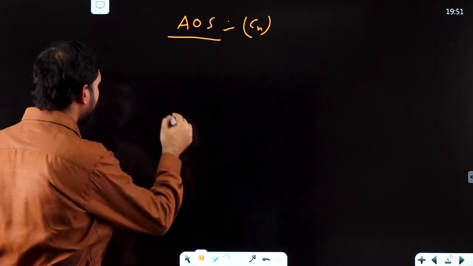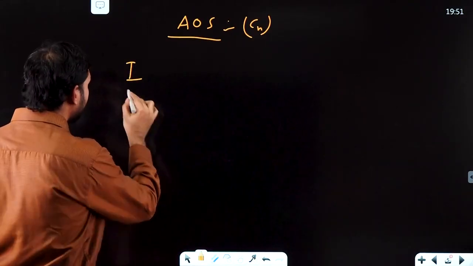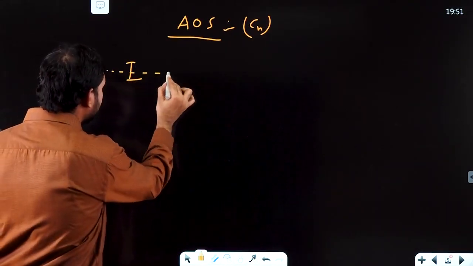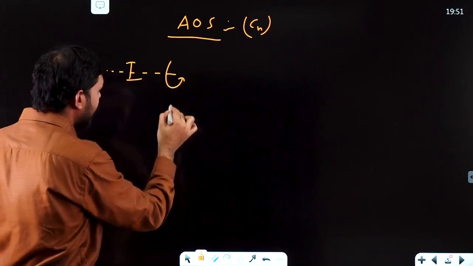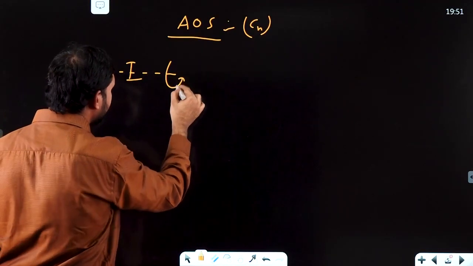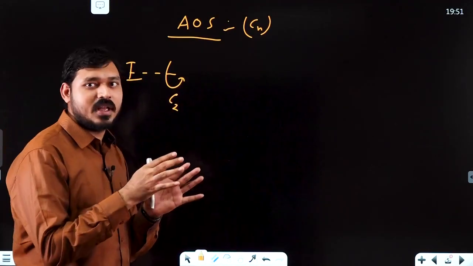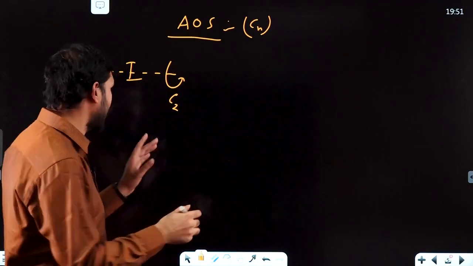Now suppose I am having a compound 1. Now using any axis of symmetry, any axis, suppose this one, rotating, suppose I say it is C2. When I say C2, it means 360 degrees by 2, that is a 180 degree rotation.